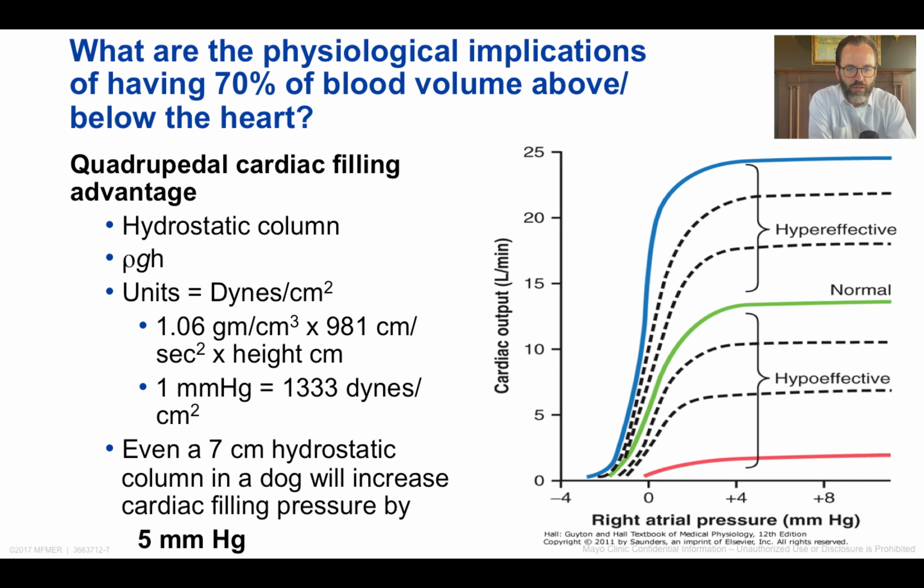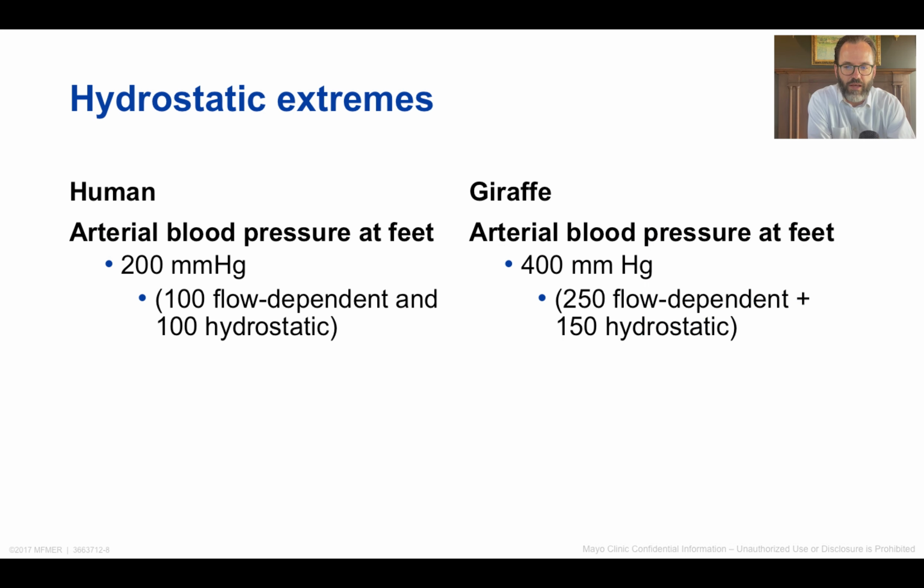And so you can see that certainly in the dog, their ability to operate at a relatively high volume and relatively high filling pressure and have relatively high ability to have optimized cardiac filling is tremendous, even for a relatively short hydrostatic column. So small columns even confer tremendous advantages.